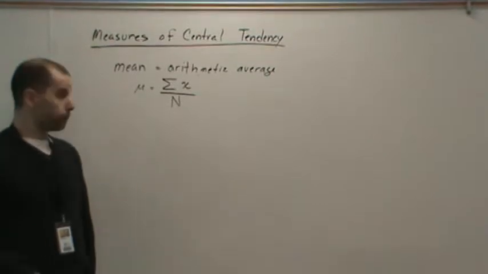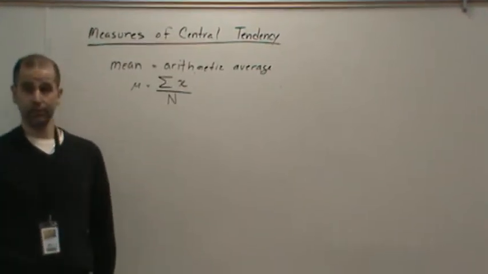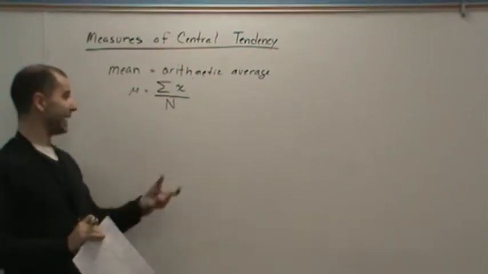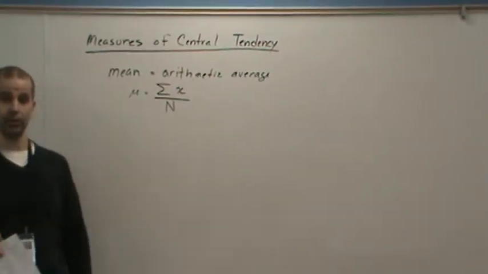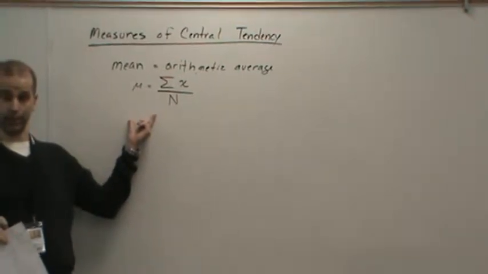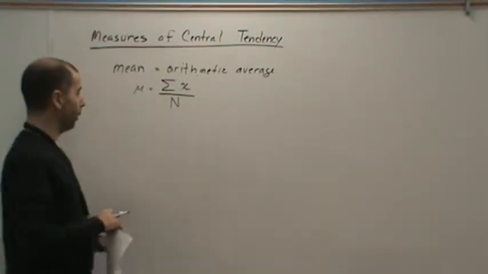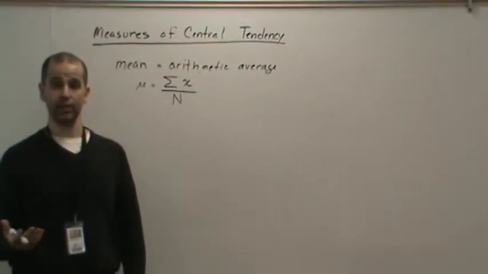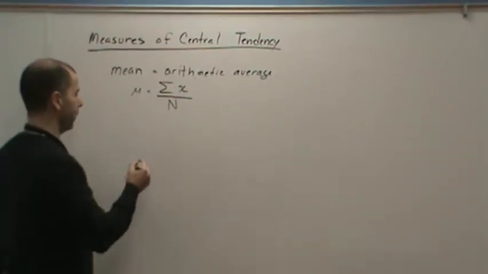Now, most of the time we don't know what mu is because we don't know what the population is. But if we were able to know the population, we could calculate the parameter mu, the population mean. For the sample mean, it's the exact same calculation except for one change.